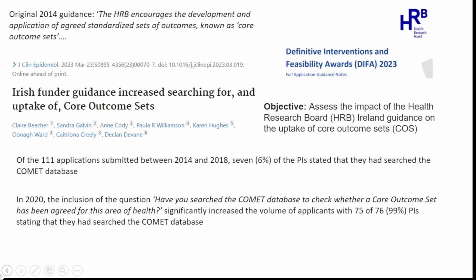So just to make a note as well, and I think it's important to flag this recent publication, literally out in the last couple of days. It just showcases how the TMRN network works so closely with our funders in terms of trying to encourage that whole space of trials methodology.